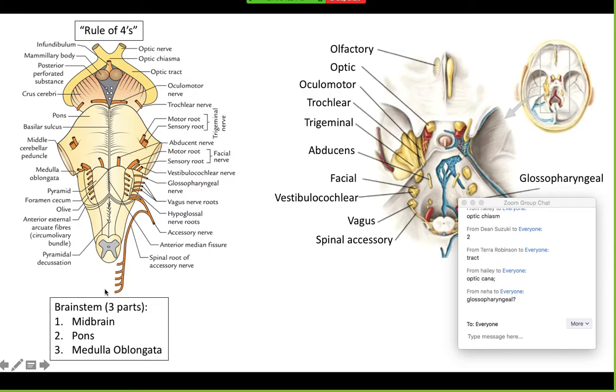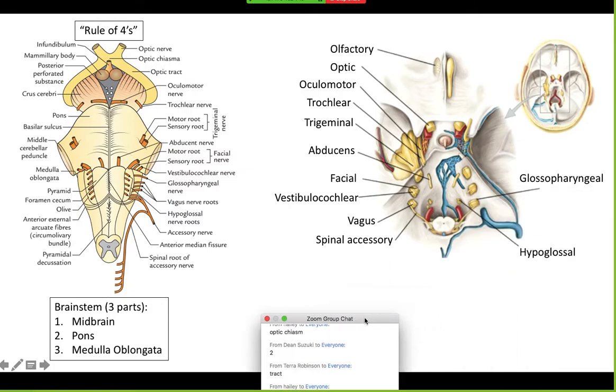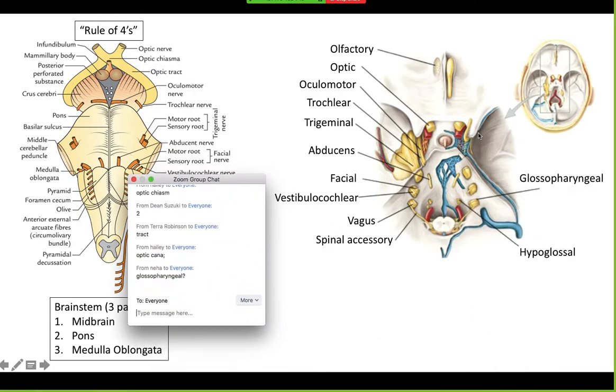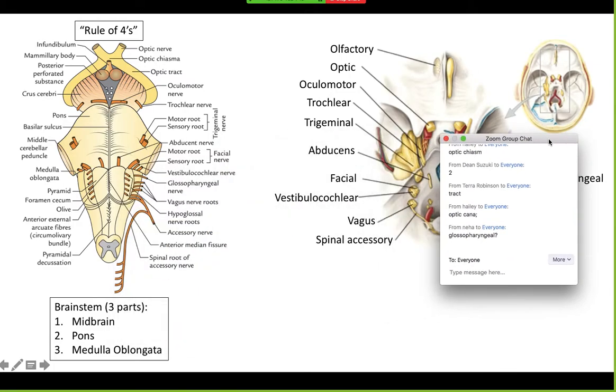This is a slide I made from boot camp. Learn the cranial nerves like this. Find a body with the brain removed and the nerves still intact, and learn it like this. And then also there's something called the rule of fours. If this is helpful at all, you have 4 cranial nerves in front of the pons.